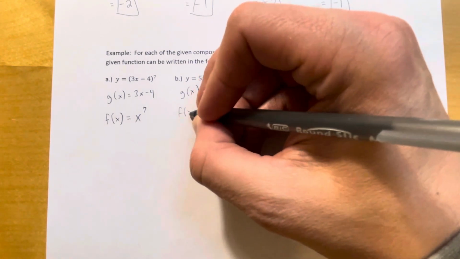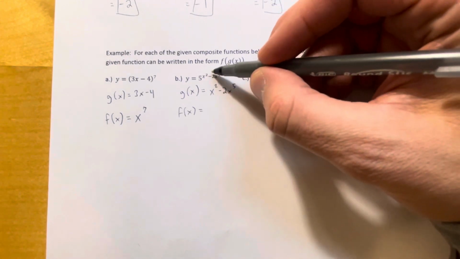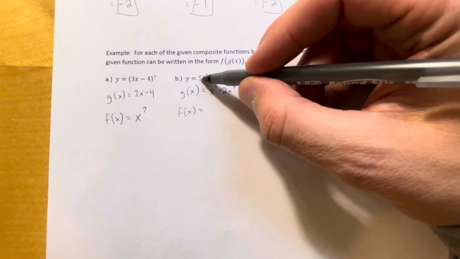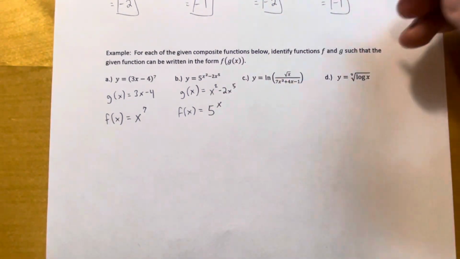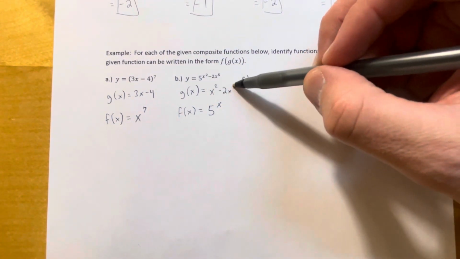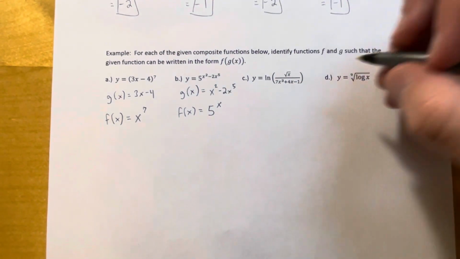That way, f of x is what? Well, remember, we take the thing that we represented as g of x, swap it out for just x. That would read 5 to the x power. Okay, so as a composition, f of g of x would take this expression for g of x, plug it in for the x right here, and it would give me this.